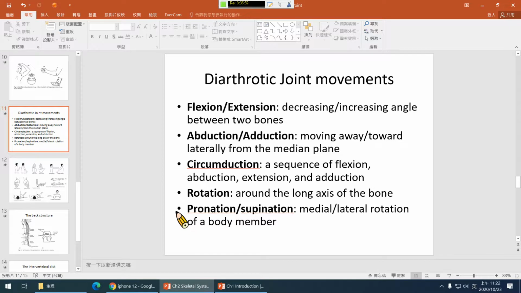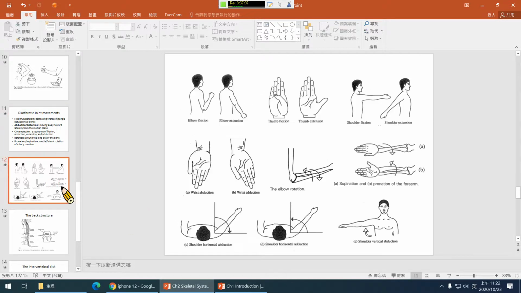And there's another pair, which is pronation and supination. Okay. I have shown it to you. The pronation is like this. Okay, this. Sorry, this here. There's a mistake. So you need to correct it, okay? You need to correct it.